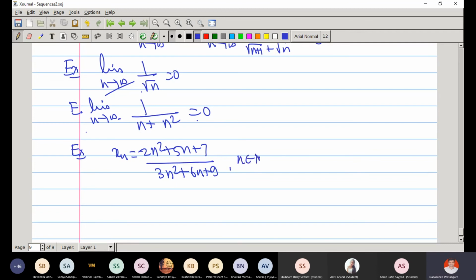Right. Now what is the limit of this sequence? So let us use the previous theorem and first simplify this expression and then use the algebra of limits.